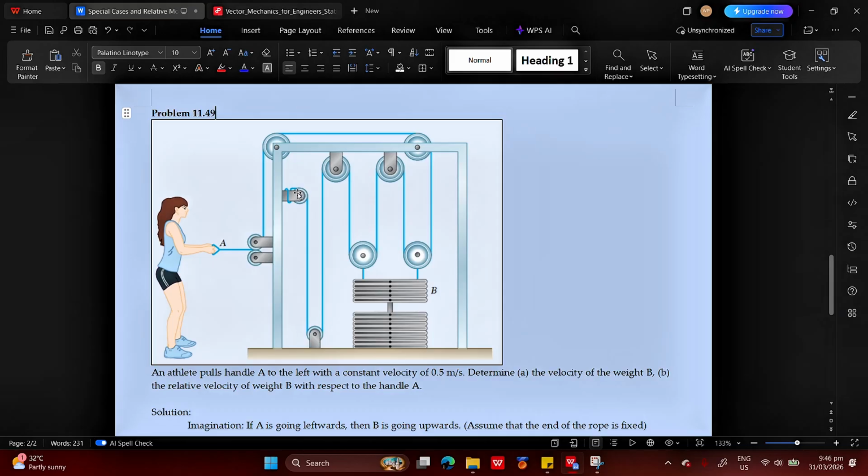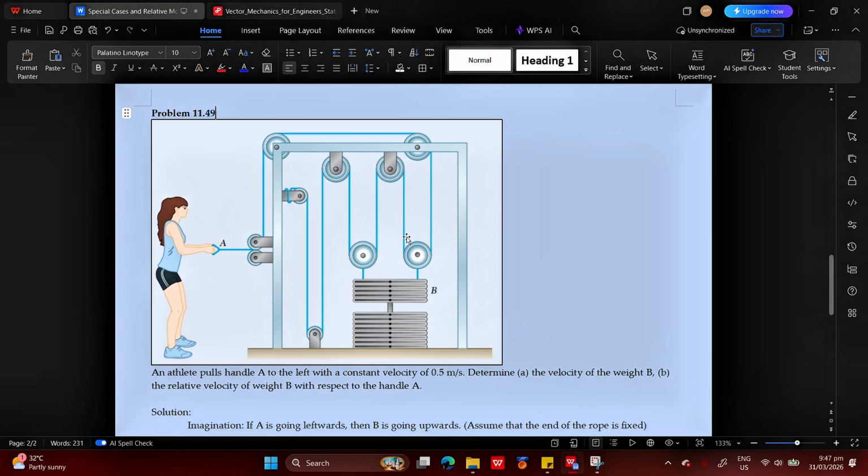So we must neglect the constant pulley length. Also, the length of point A from this pulley is important, but we must ignore this vertical length of the rope, then this horizontal length of the rope, then the vertical length of this rope. Oh, no, actually this one we will consider.